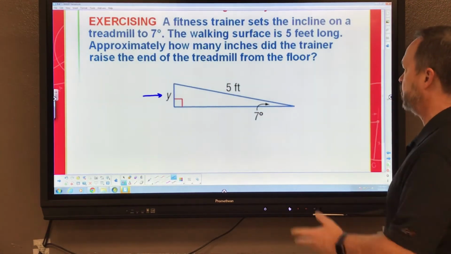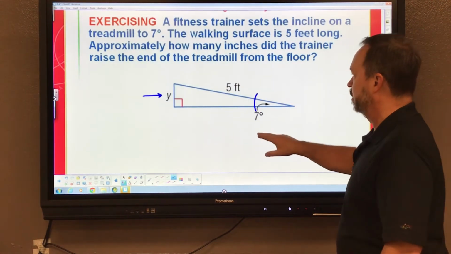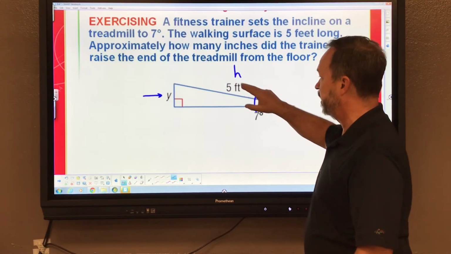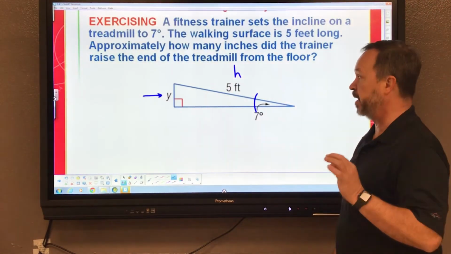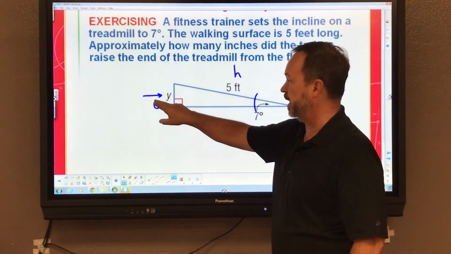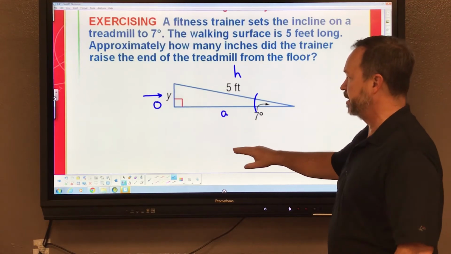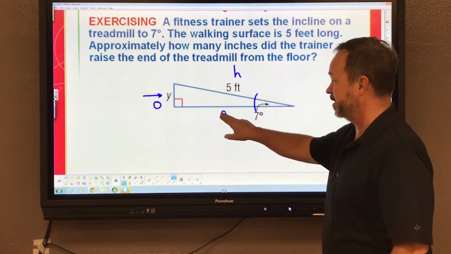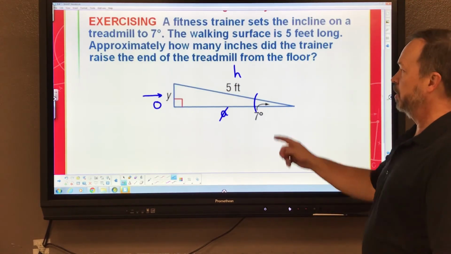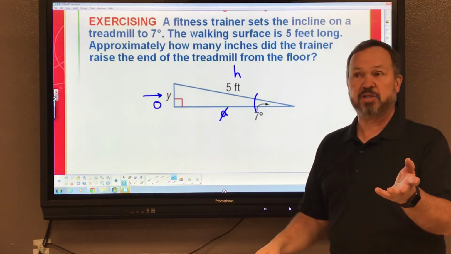So when we look at this problem and we're talking about this angle, then we know this is the hypotenuse, right? It's a known piece, hypotenuse. And we know that this is the opposite side or opposite leg. Now this one's the adjacent one, but we don't know what it is and don't really care what it is at this point. So I'm just going to mark it out because it's irrelevant. So we look at this problem and go, well, we got an O and an H. Which trig function is that?